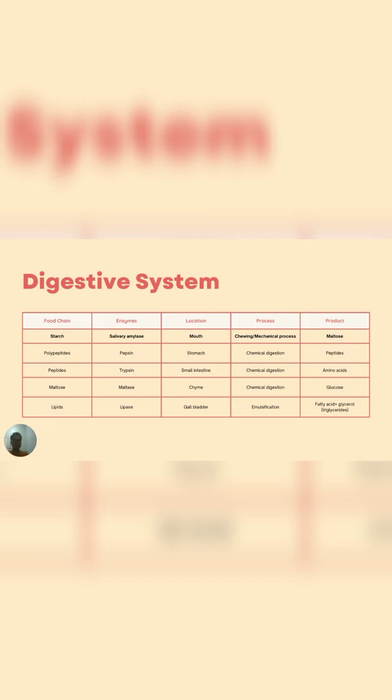Whereas these products are produced from carbohydrates and proteins, lipids will only be bound with lipase through the gallbladder by the emulsification process, and the final product will be fatty acid and glycerol, or I can call it triglycerol.